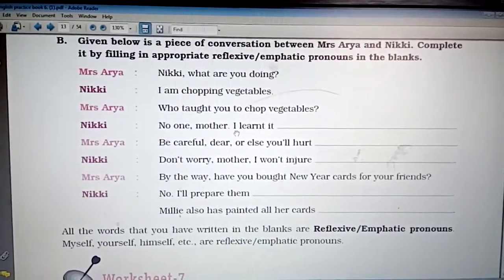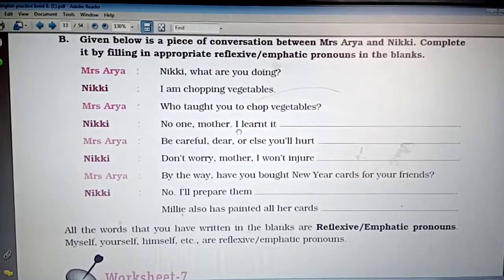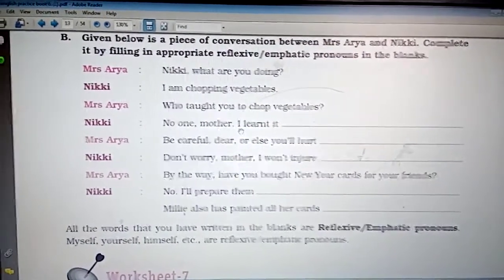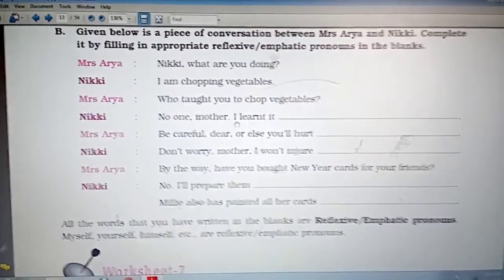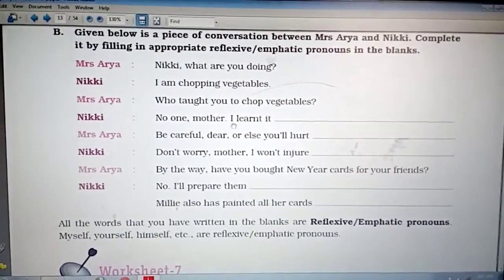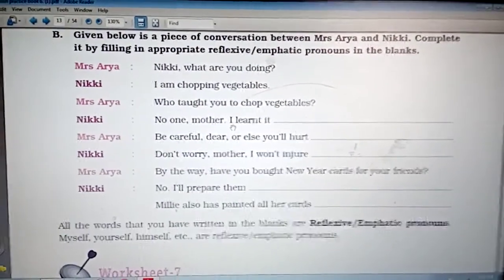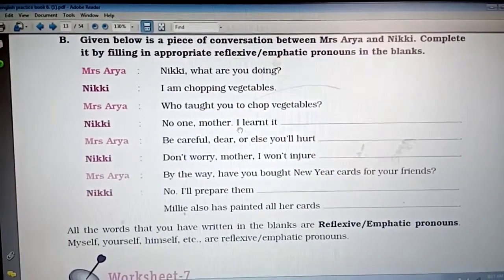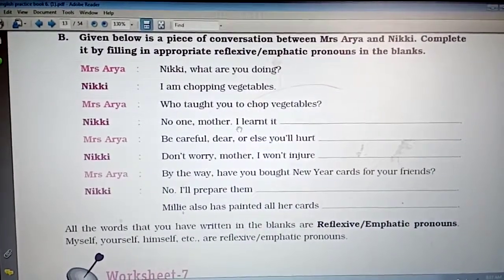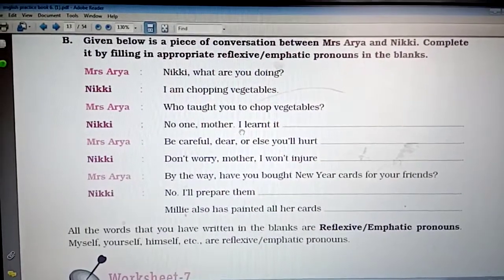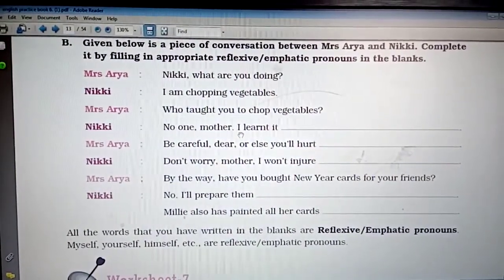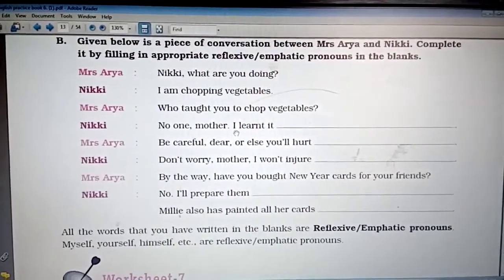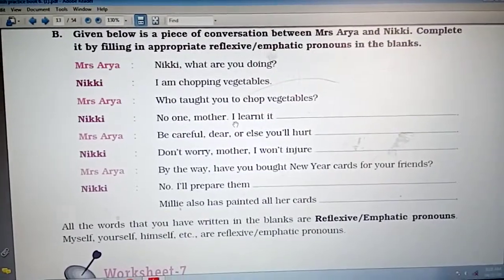I. So the suitable emphatic or reflexive pronoun will be: I, myself; we, ourselves; you, yourself; they, themselves; he, himself; she, herself. These are the suitable emphatic or reflexive pronouns according to the subject. We will convert the personal pronoun to its self form. I learnt it myself.